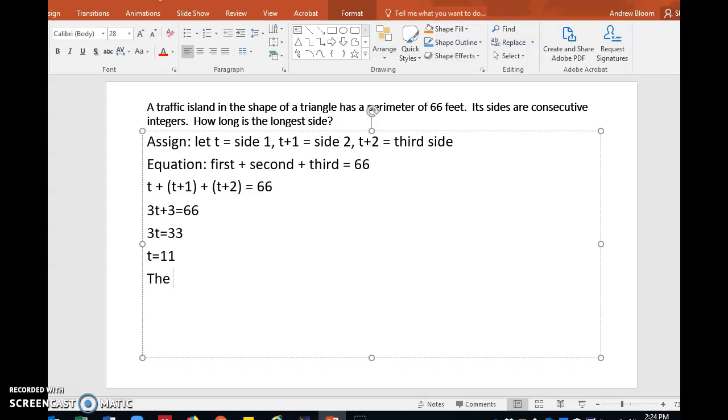So if we look at this, our normal answer would be to say the three sides are 11, 12, and 13 feet. But as we look at this, we need to consider whether or not that is truly what we're looking at. Our sides are consecutive integers. How long is the longest side? The longest side is 13 feet.